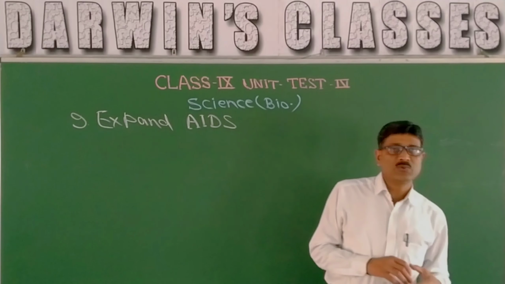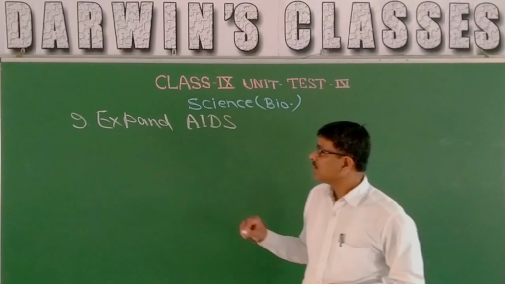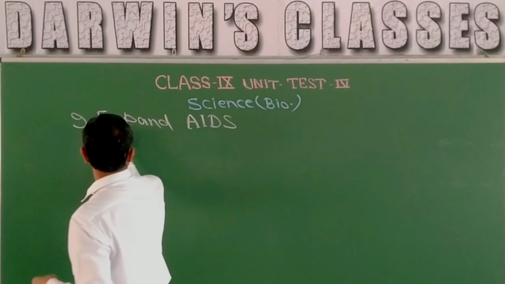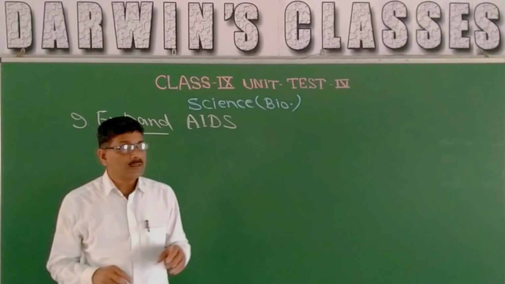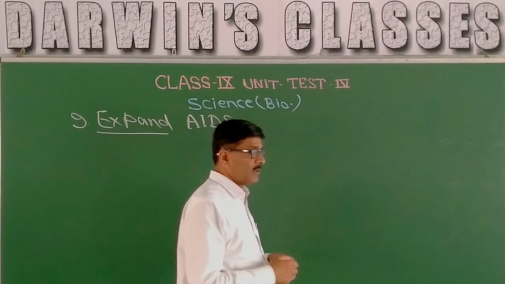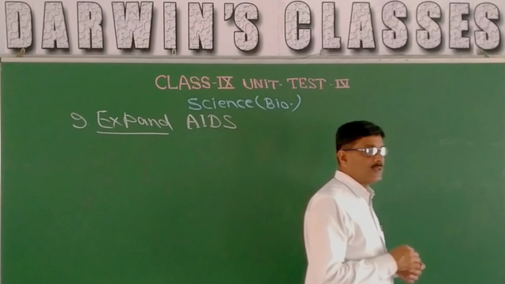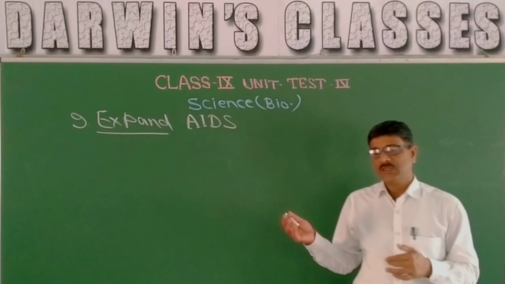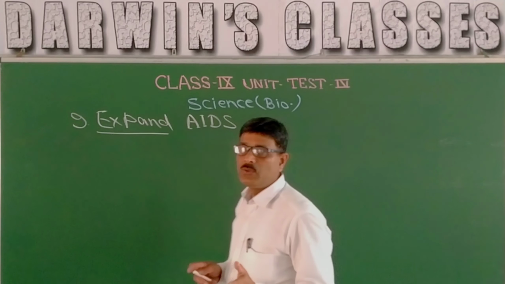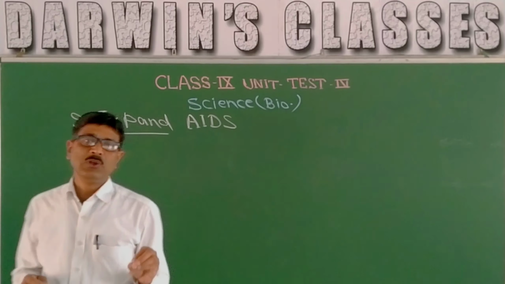But some of the students couldn't understand what to do with the term expand, and they had written down something else, like AIDS is caused by virus, it is fatal. But here you have to write down simply the full form of AIDS.